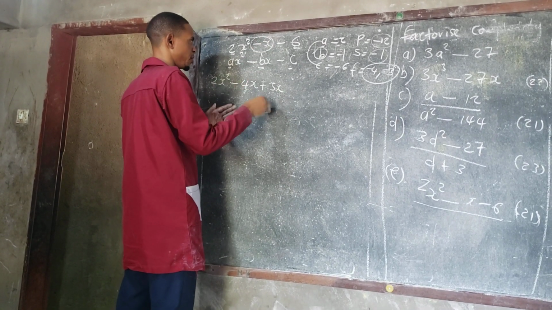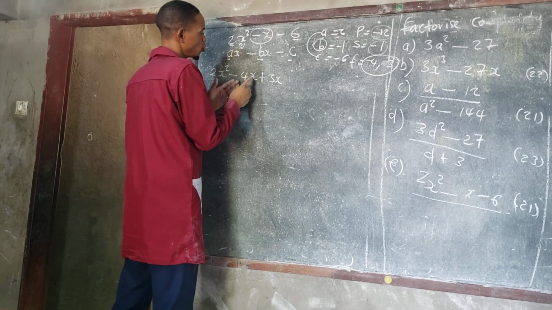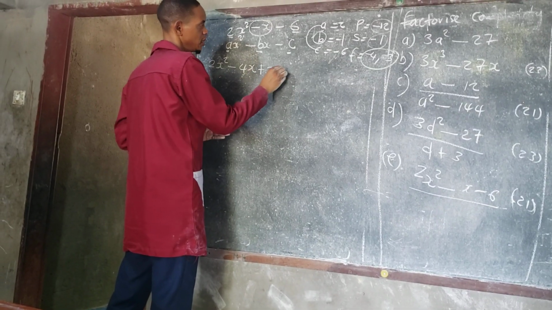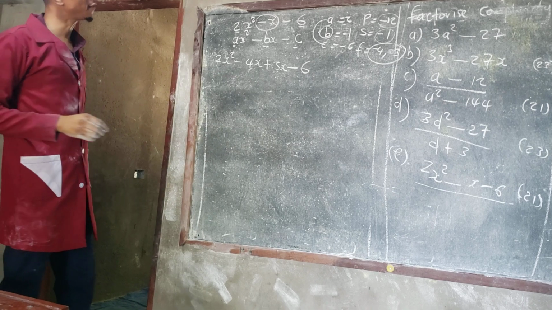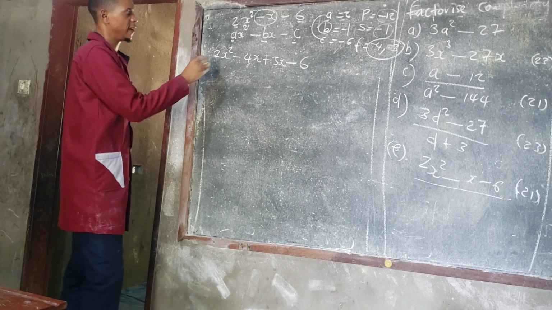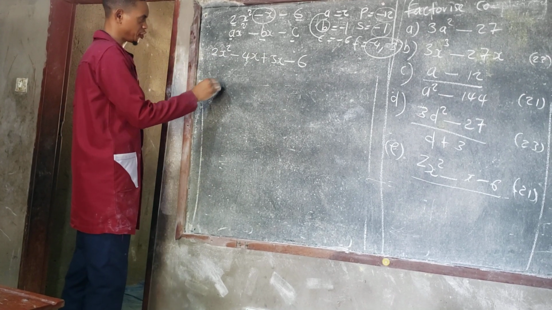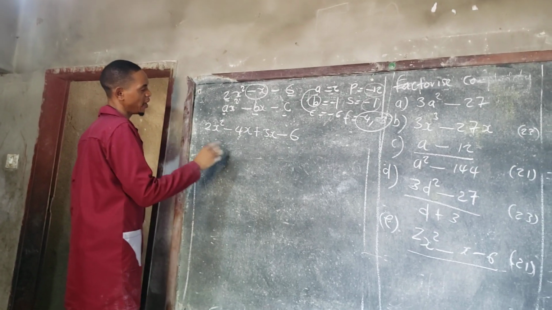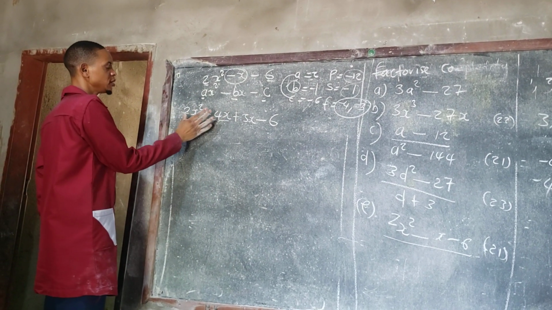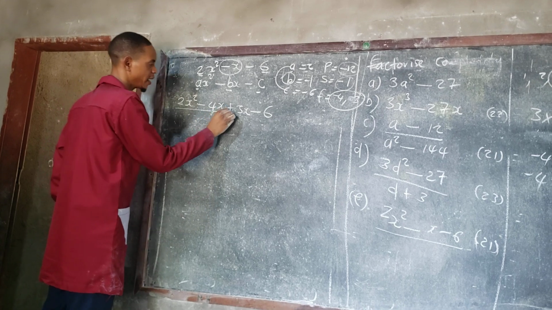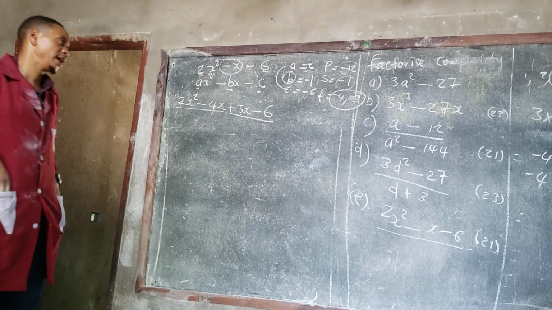If it was b I'd put b, but it's x there, so don't forget to put the variables. Then negative 6. So I have a four-termed expression. Here I'll have 2 terms to be factorized, and again 2 terms to be factorized.